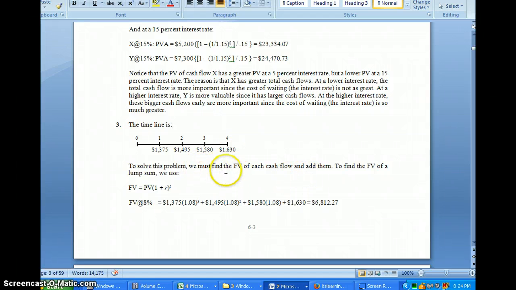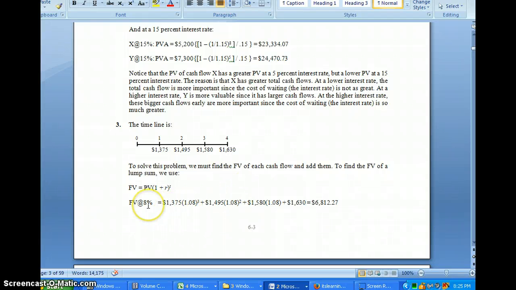So to solve this problem, we must find the future value of each cash flow and add them. To find the future value of a lump sum, we use present value times 1 plus the rate over the term. And this is the same thing as finding a present value with multiple cash flows as we did in number 1, except we're trying to solve for a future value. That's the only difference.